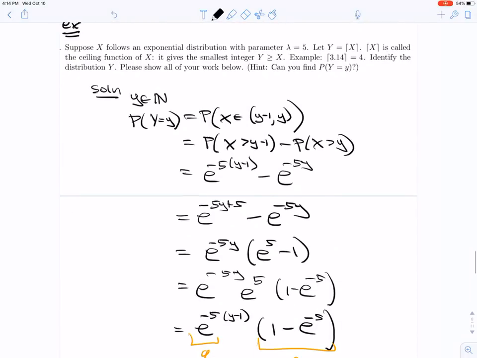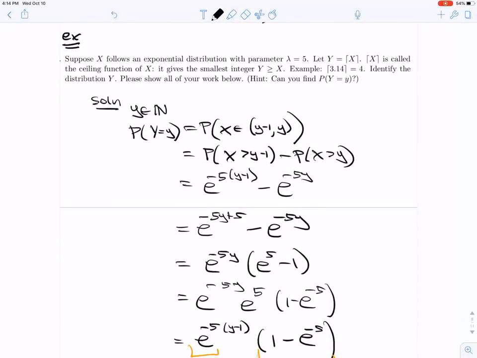We ended with an example where x follows an exponential distribution with parameter lambda equal to 5, y is the ceiling of x, and we want to know the distribution of y. The values of y are the natural numbers, and the probability that y equals y is the probability that x is between y minus 1 and y.